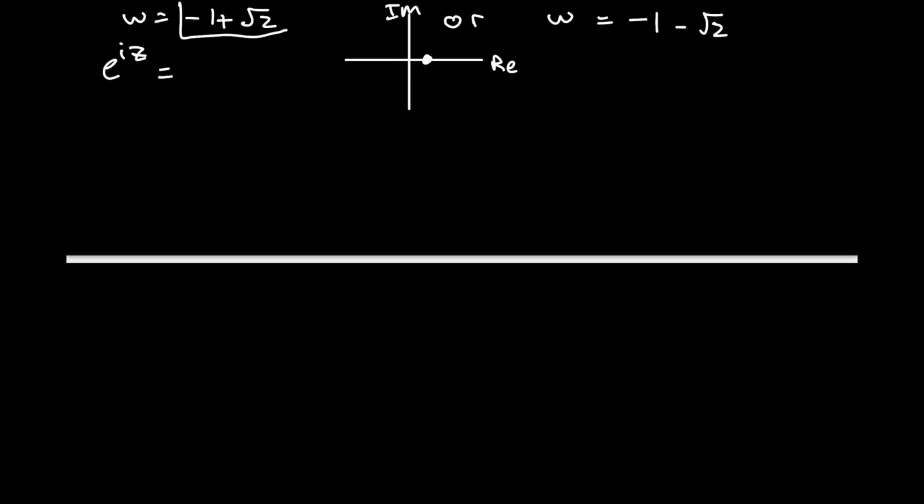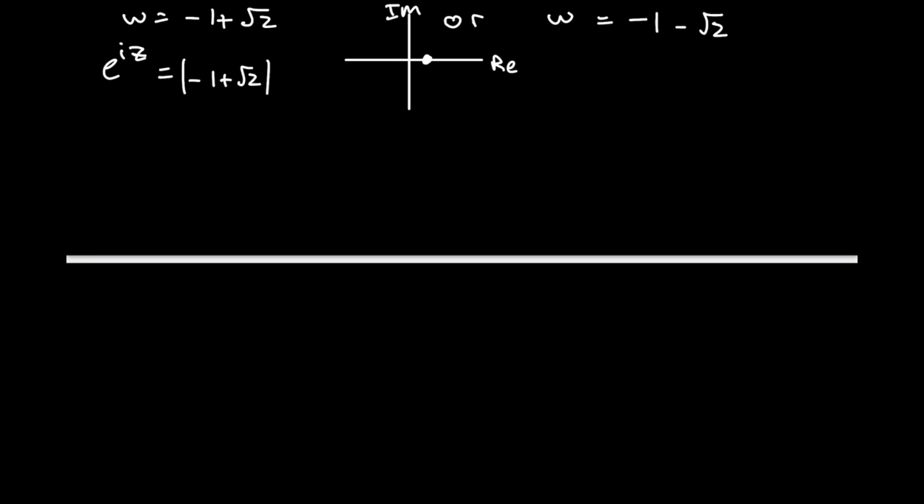To express this in complex exponential form, we write the modulus, which is the distance from the origin of this point, which is just minus 1 plus root 2.